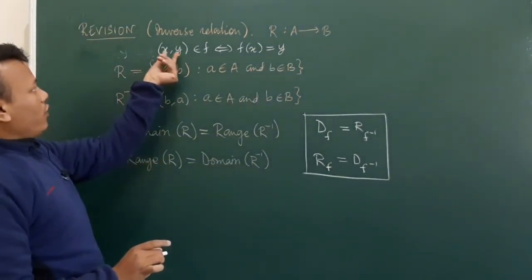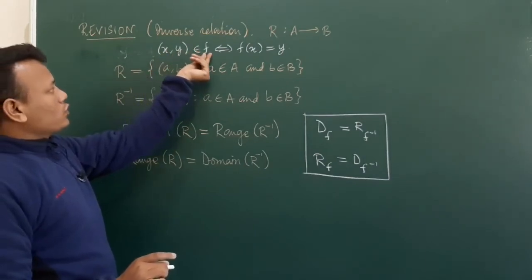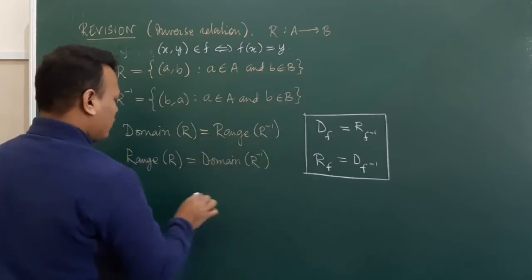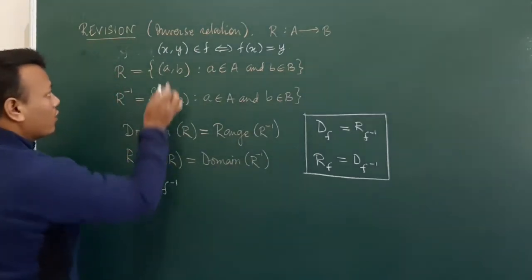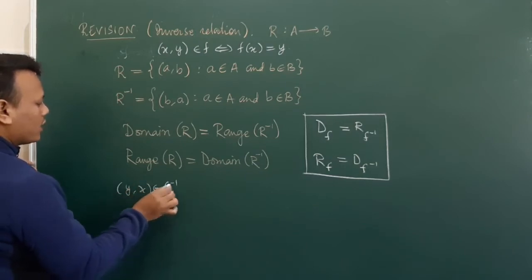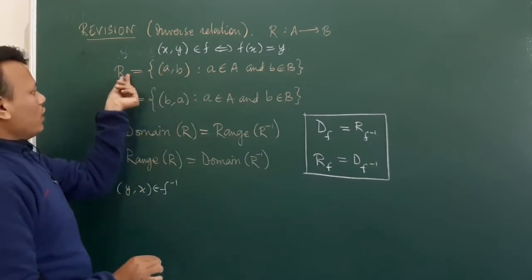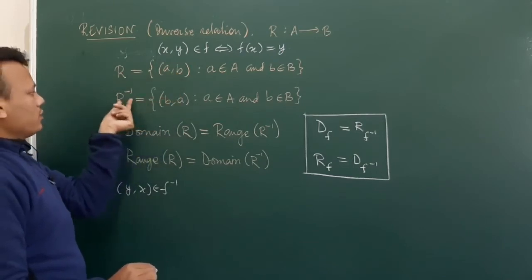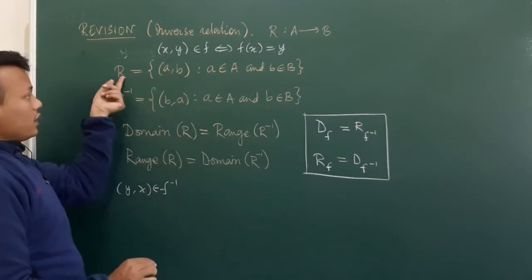So if (x, y) belongs to f, then within f inverse we are going to have (y, x). See, if (a, b) belongs to R, then if I reverse the order, (b, a) belongs to its inverse.